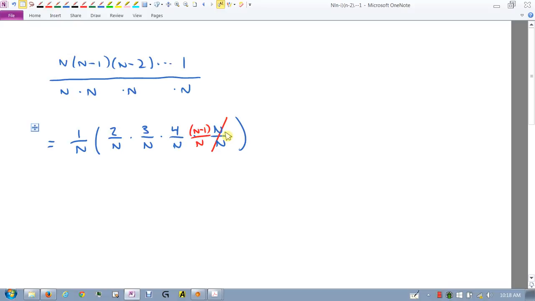I agree this one is 1. This has got to be smaller than 1. Hmm.